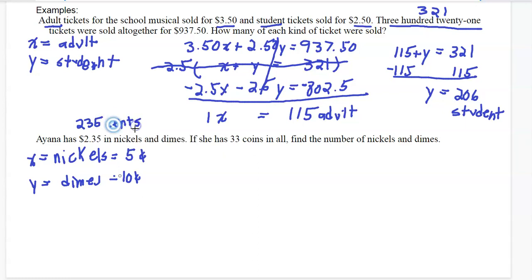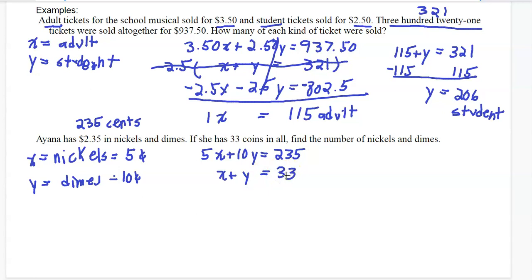Be careful, otherwise you're going to get your total value wrong. So I can say that I have 5x plus 10y equals 235.